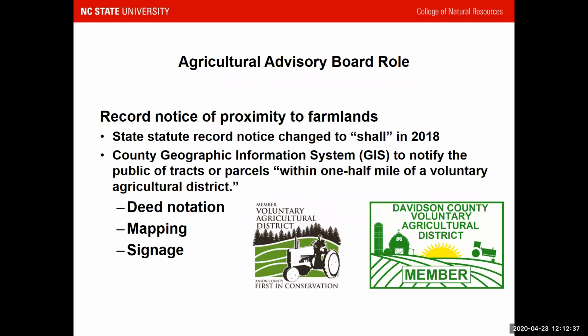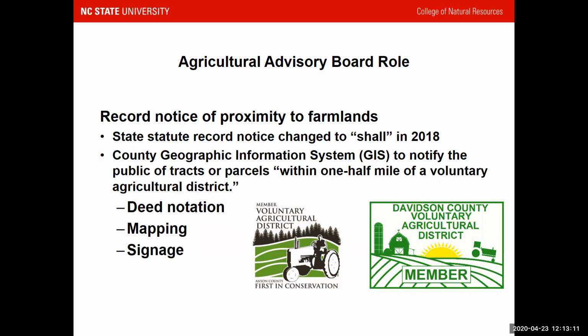The other thing that's been added to the legislation is a record of notice. How this essentially works is that for properties that are sold in the vicinity of a voluntary ag district, that 1/2 mile area, as people close on those properties, they're going to get a notification with their deed or be alerted by mapping and signage that they're in fact in a voluntary ag district.